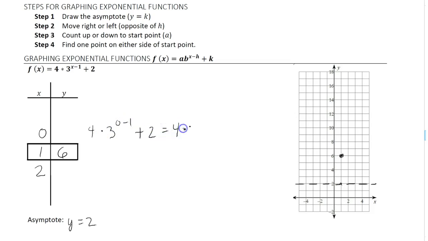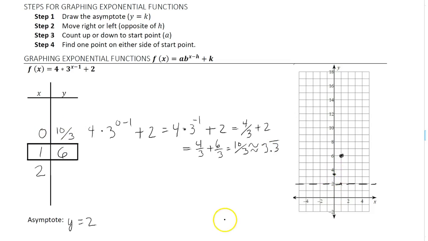This gives us 4 times 3 to the negative 1 plus 2, which is 4 times 1/3, or 4/3, plus 2. This works out to be 4/3 plus 6/3, or 10/3, which is approximately 3.3. Graph 0, 10/3. Thus we have the y-intercept, which is 0, 10/3.